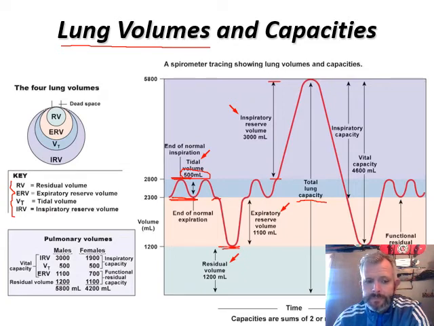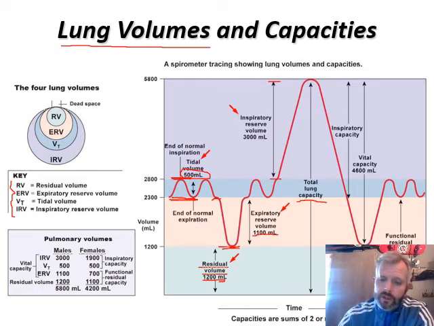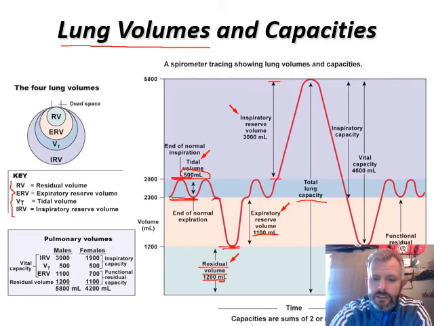And when I've completely exhaled, my lungs are not completely devoid of air. There is still a residual volume, and that's around 1,200 milliliters. Sorry, I forgot ERV, roughly around 1,100 milliliters. So those are the 4 volumes we can measure using the spirometer.